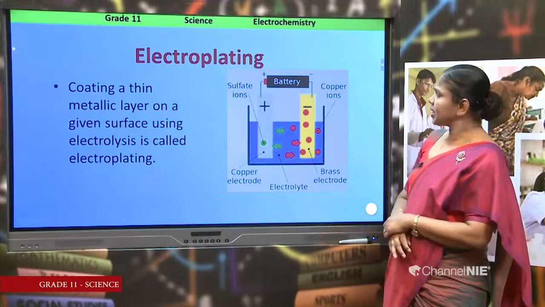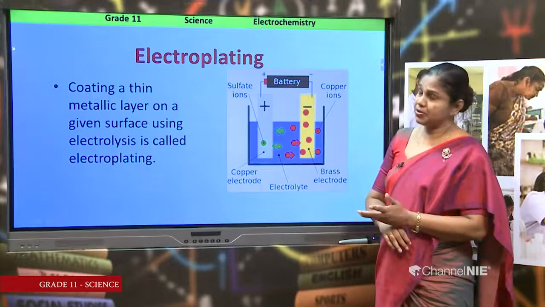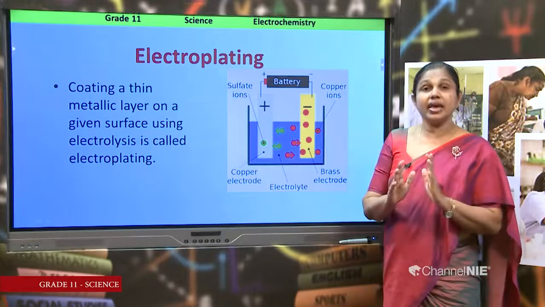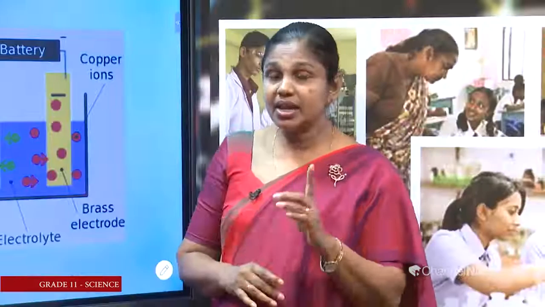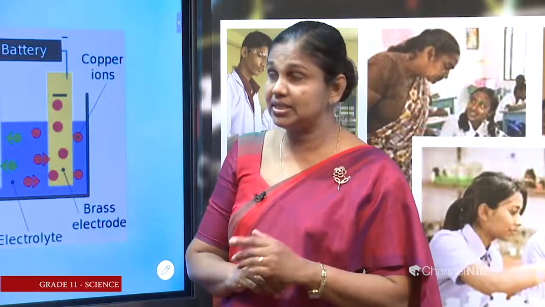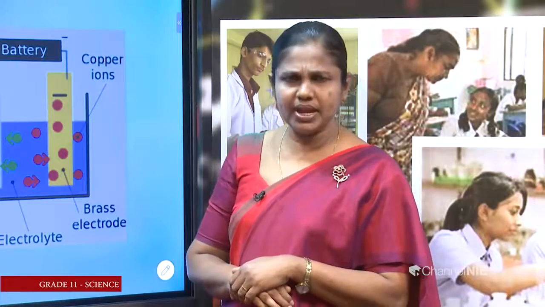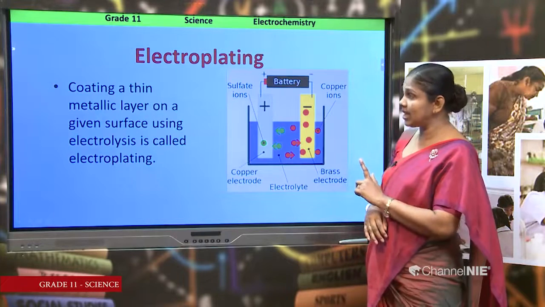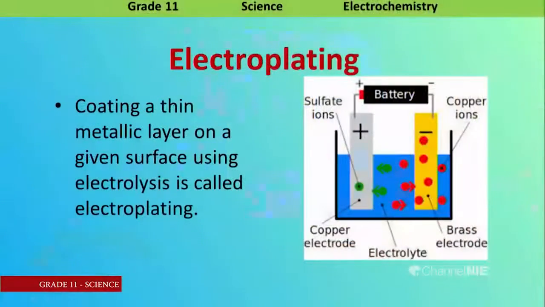Now we are moving to the next application of electrolysis. One application of electrolysis is extraction of metals by the process of electrolysis. The second application of electrolysis is electroplating. What is electroplating, children? Coating a thin metallic layer on a given surface using electrolysis is called electroplating.